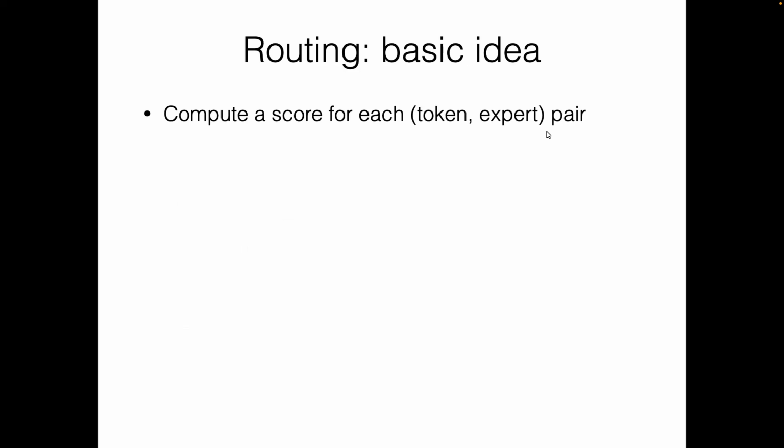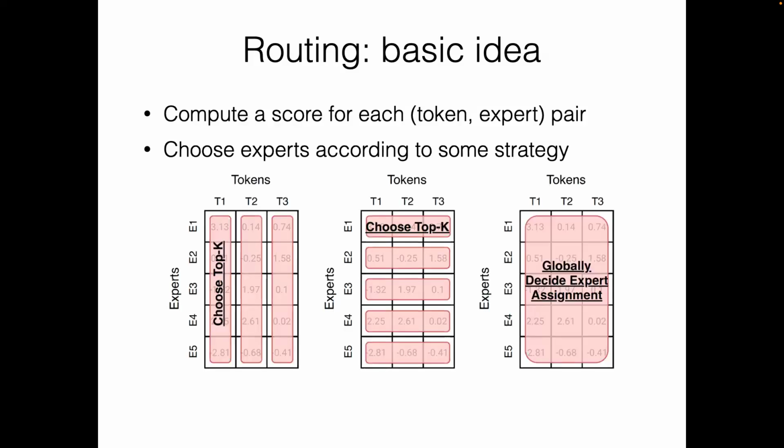The goal is, for each token in the sequence, we want to decide one or more experts to send that token to. Then the experts will process the token and we'll get the hidden state for it. So we compute a score for each pair and then choose the experts according to some strategy.